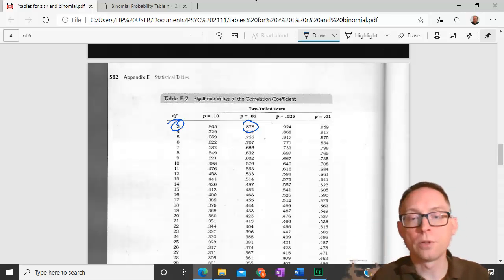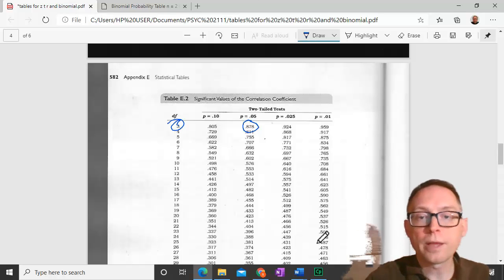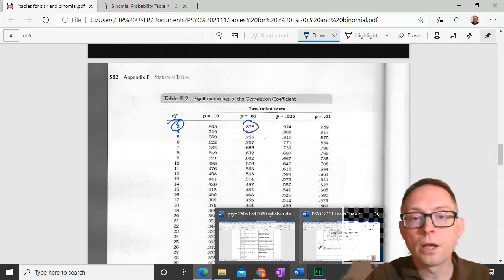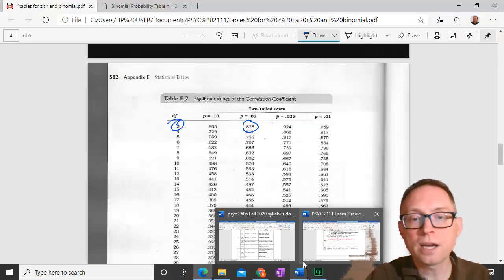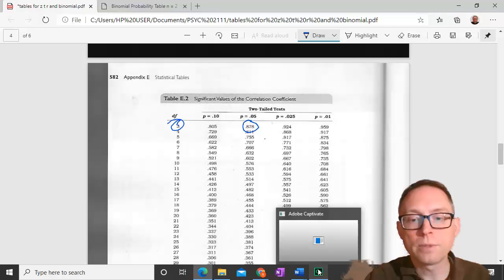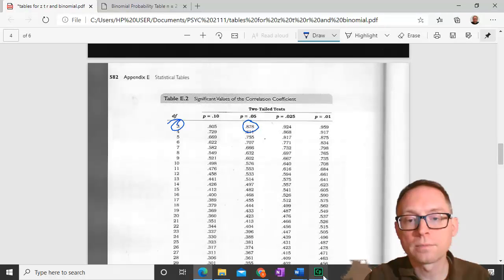Now we just calculated an R statistic of 0.65. That's not good enough. That's not more extreme. We have to fail to reject the null. All right, good.